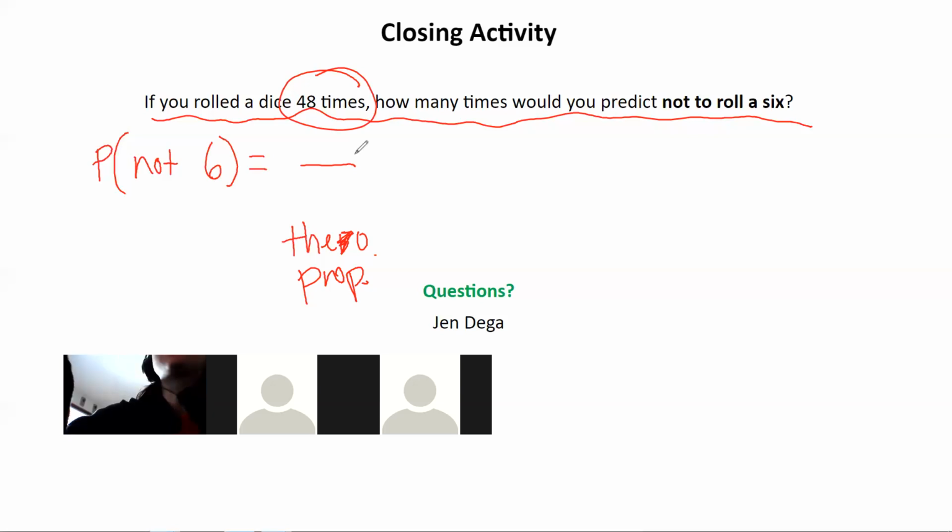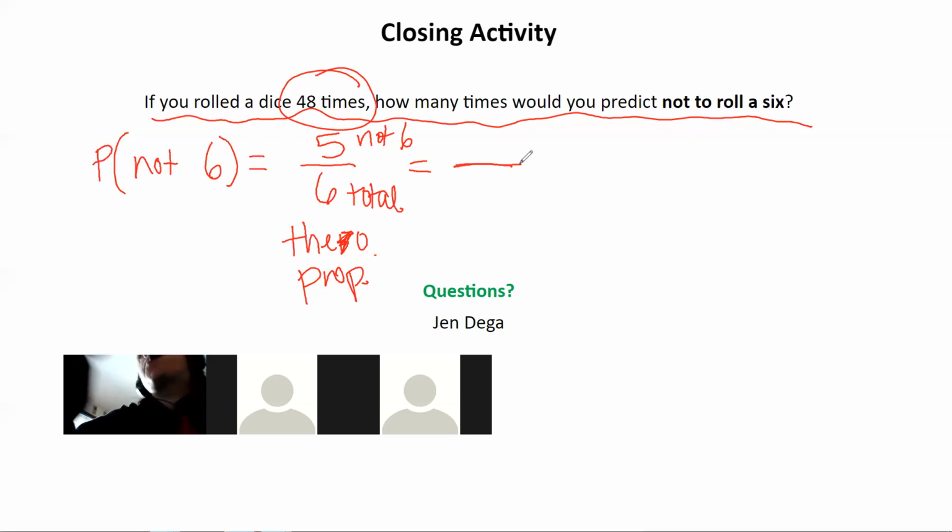Yeah, there are 6, that's right. And how many of them are not 6? If there are 6 sides, how many are not? There are 5 that are not 6. Okay, so I have the total sides, and this is how many are not 6. Now we want to make a proportion with that 48.